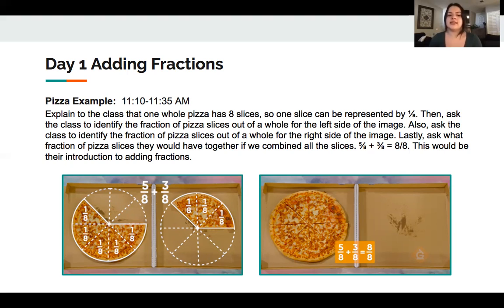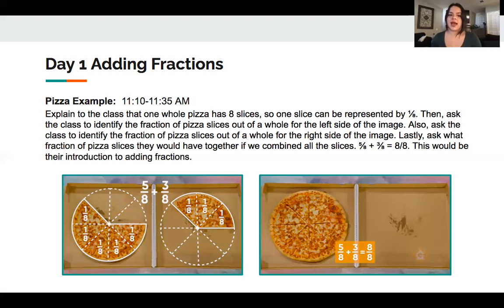So then we're going to ask the class to identify the fraction of pizza slices out of a whole for the left side of the image. So in this case, they would have 5/8 slices of pizza. Then we would ask the class to identify the fraction of pizza slices out of a whole for the right side of the image. And then that would be 3/8 slices of pizza.